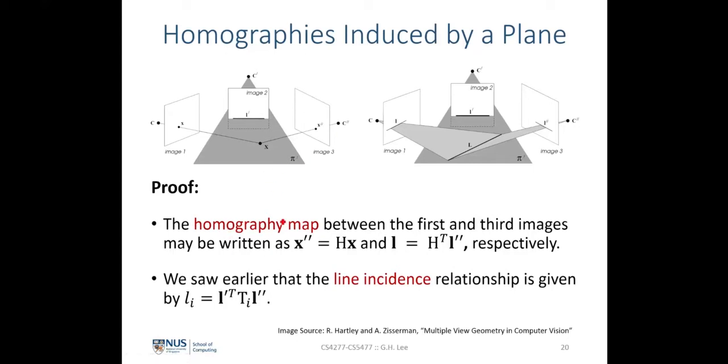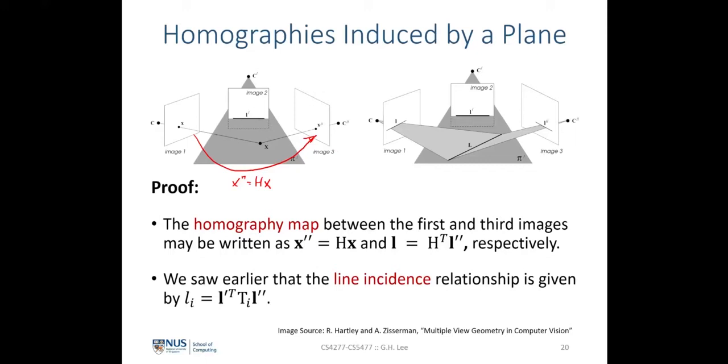More specifically, we learned from the earlier lecture that the homography map between the first and third image can be written as x prime prime equals H multiplied by x, where H here is the homography that transfers the point from the first view, which we call x, to the third view, which we call x prime prime.